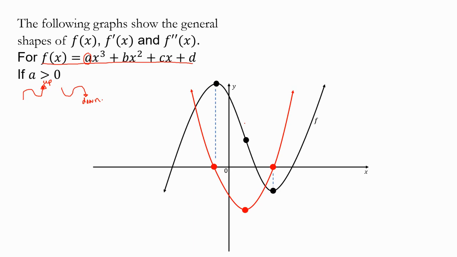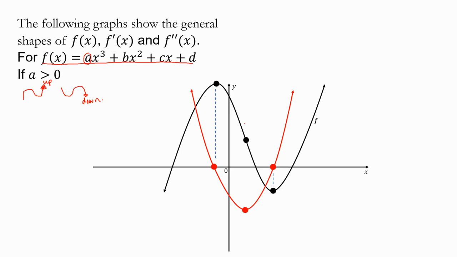Okay, let me summarize what I've said so far. The x coordinates of the turning points of the cubic function are equal to the x-intercepts of the first derivative graph, which is the quadratic function, which is a parabola.